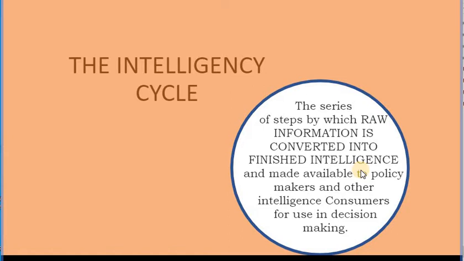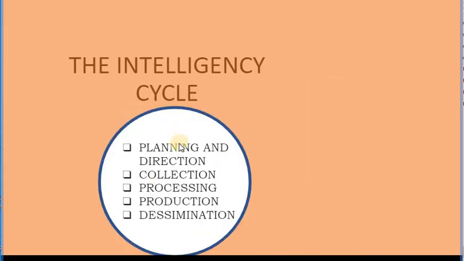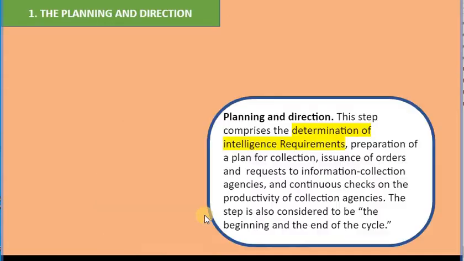This is the intelligence cycle: the series of steps by which raw information is converted into finished intelligence and made available to policymakers and other intelligence consumers for use in decision making. We have planning and direction, collection, processing, production, and dissemination.